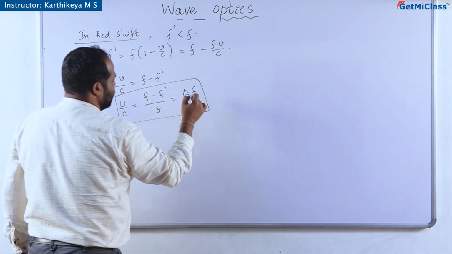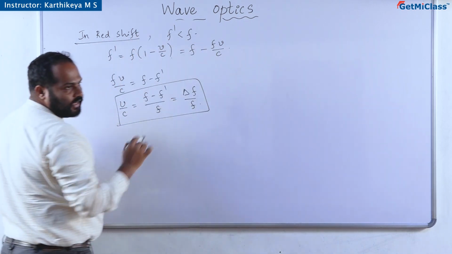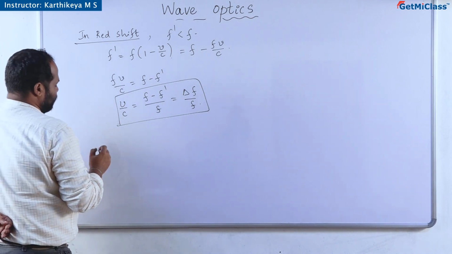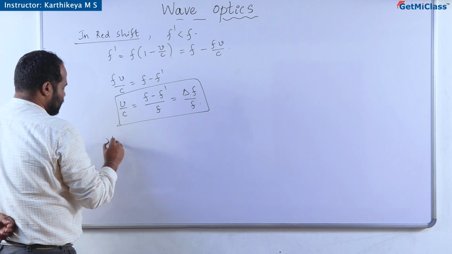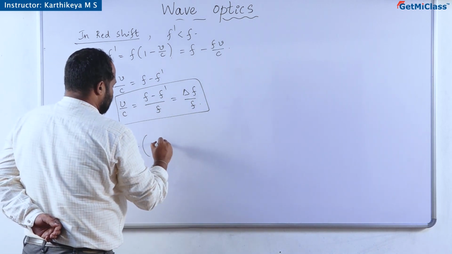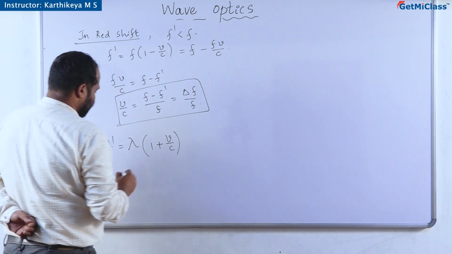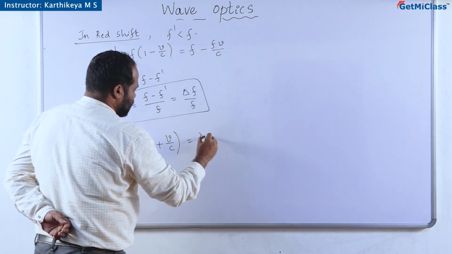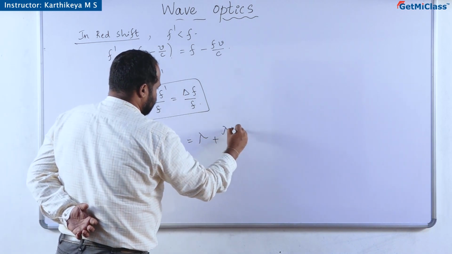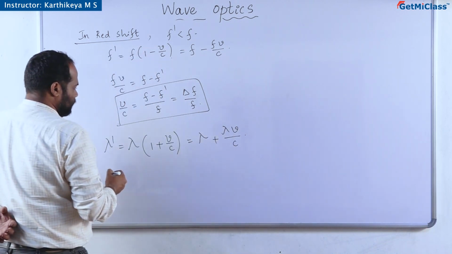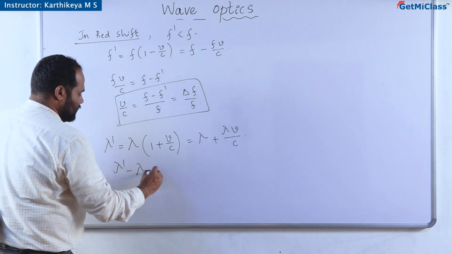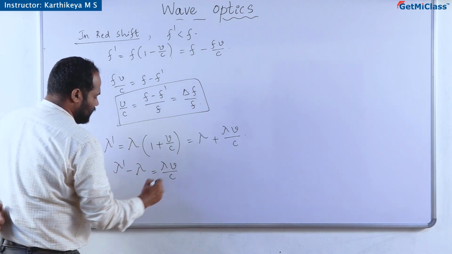Clearly f dash is less than f, that is, apparent frequency is less than actual frequency. Similarly with the wavelength, lambda dash is equal to lambda into 1 plus v by c, which can be expanded as lambda plus lambda v by c. So lambda dash minus lambda is lambda v by c.